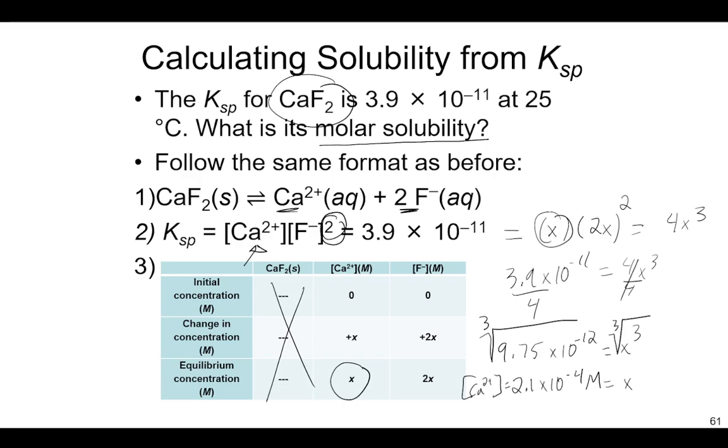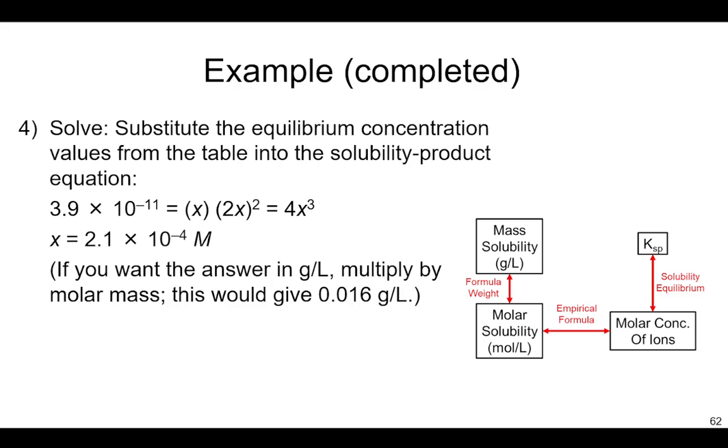But we can turn this into a molar solubility expression for the solid by considering the stoichiometric ratio, the coefficients before these two species. This is a 1-to-1 ratio. So the x amount, which is calcium 2 plus, is going to represent the molar solubility of calcium fluoride, because it's 1 calcium 2 plus from stoichiometry for every 1 calcium fluoride molecule.